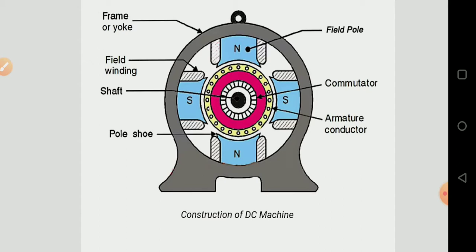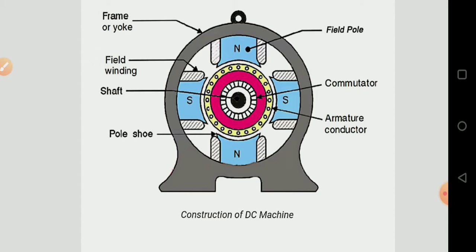Now you know that DC machine is a class of rotary electrical motor. It is a rotating device, so it converts direct current electrical energy into mechanical energy. When we supply the electric current to the DC machine, the current starts to flow through the coil within the magnetic field.